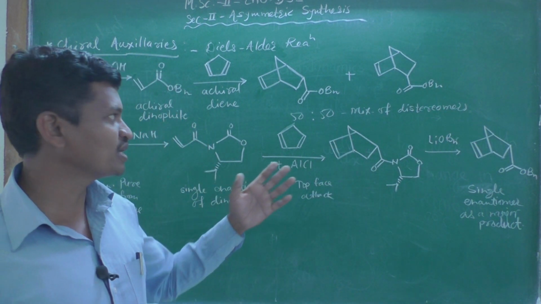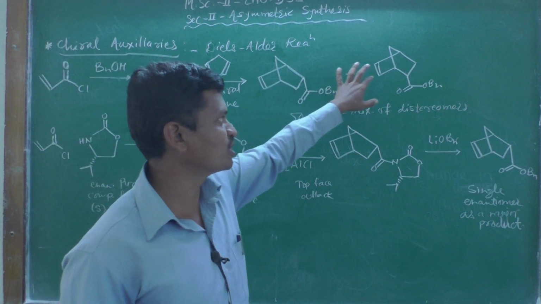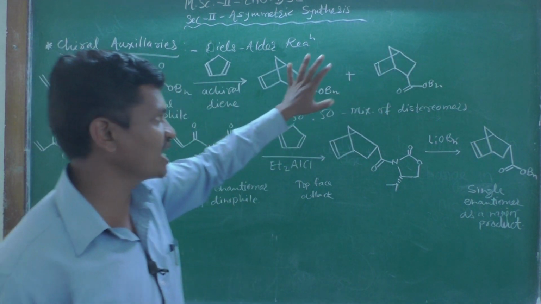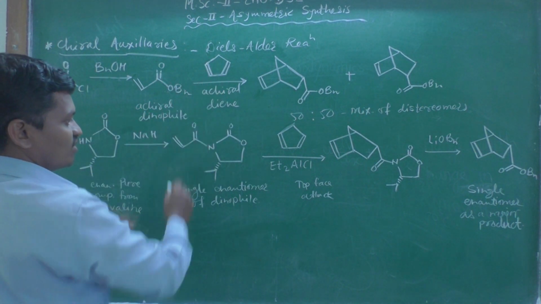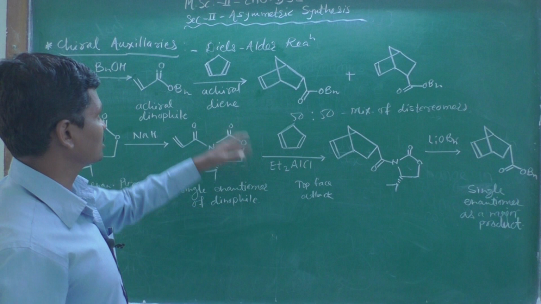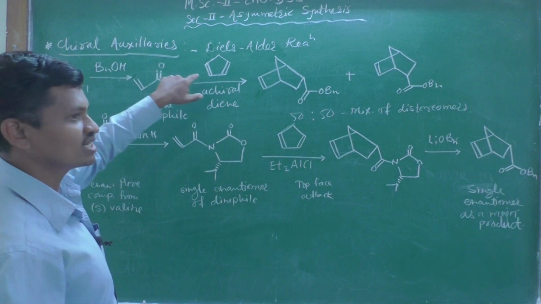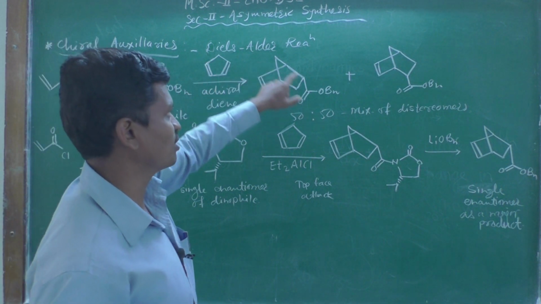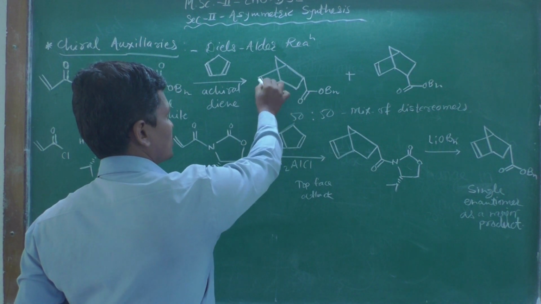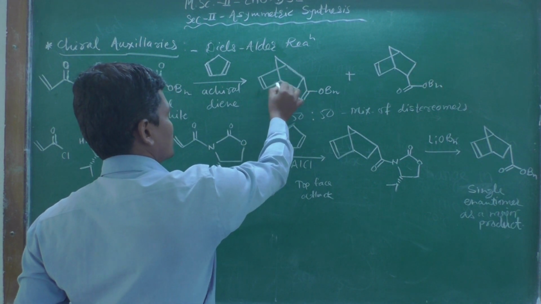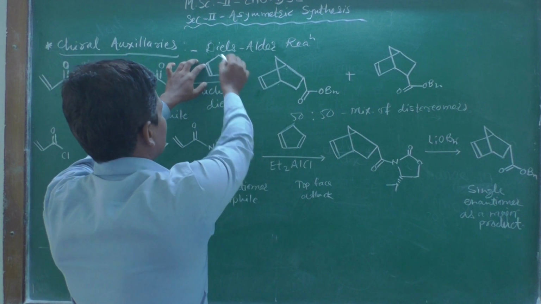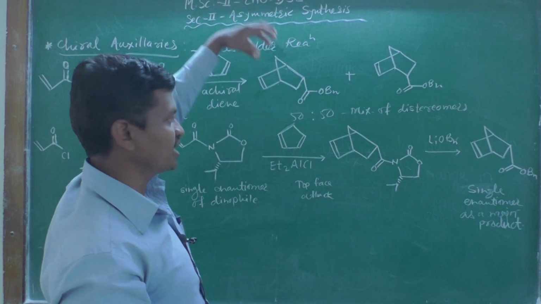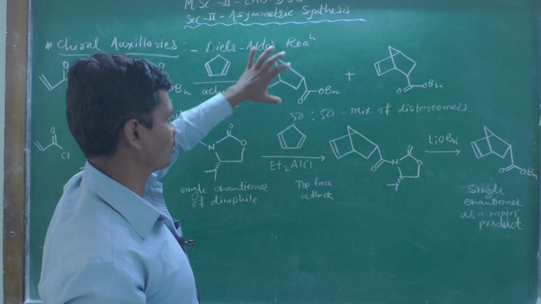That is 50% formation of this product plus 50% formation of this product. The reaction happens in a very simple manner. This diene acts as a diene, a cycloaddition takes place, and there is a formation of a six-membered ring. So 1, 2, 3, 4: these four carbon atoms are from the cyclopentadiene, and this methylene group is pointed above the plane of the molecule.